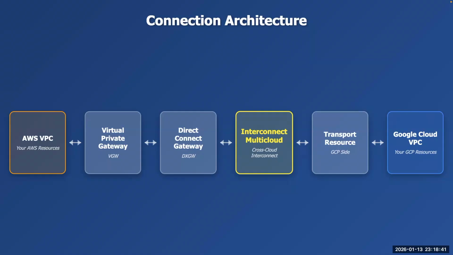Remember, traffic can flow on both sides, from AWS to GCP and from GCP to AWS. And the entire path is encrypted with MACsec by default. So we will set up this architecture in our console and it will take just a few minutes, not weeks or months. So let's see this in action.